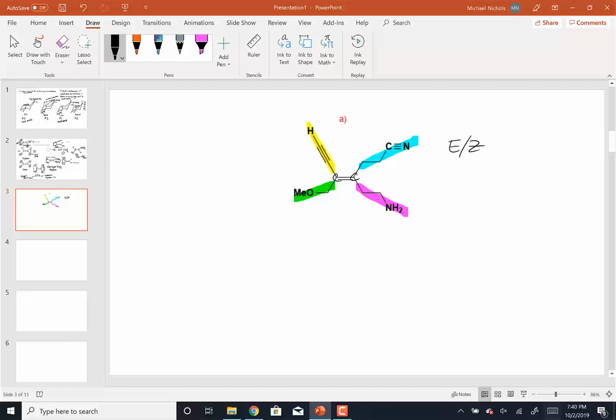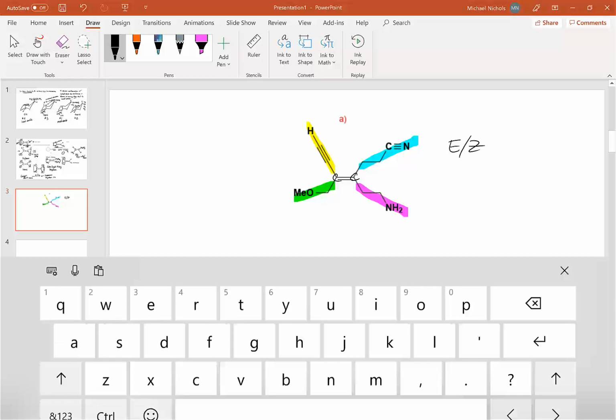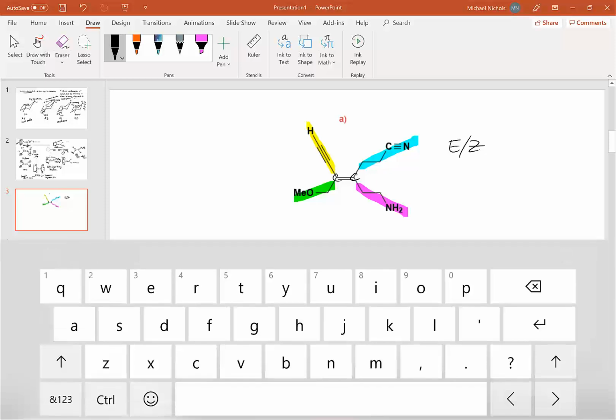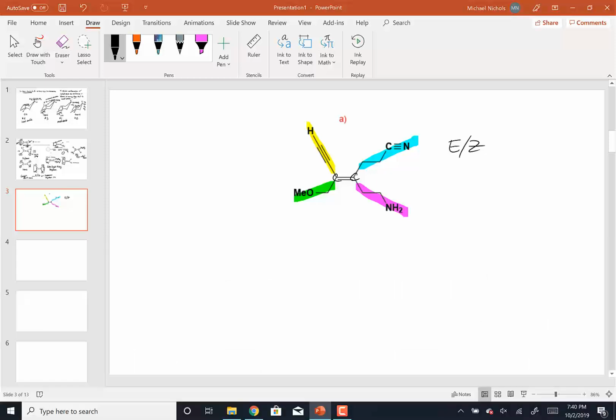If I'm going to determine E or Z, I need to know the rules for E and Z. I compare these 2 groups and determine which one has the higher priority under the Cahn-Ingold-Prelog sequence rules.